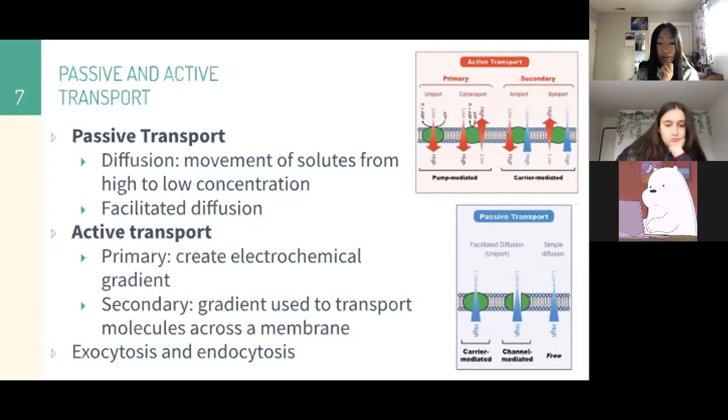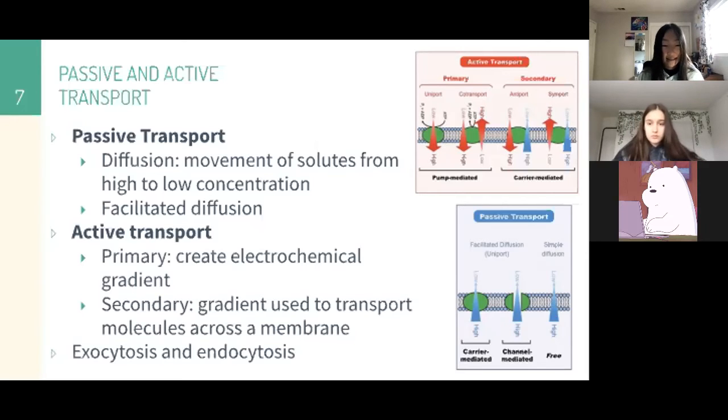And active transport is basically moving things against the concentration gradient, so from low to high concentration. And primary is creating an electrochemical gradient using these types of proteins. There's uniport and co-transport, and we'll cover these later in a proteins chapter, I guess.